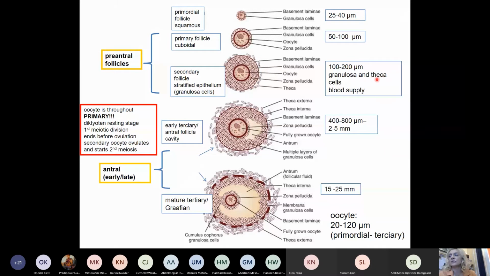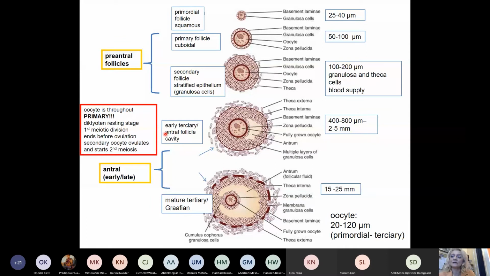So Theca cells also appear around the granulosa cells, the Theca interna and Theca externa. And then when this further grows and many layers develop, then we have a cavity filled with fluid. First, a small one appears, then several, and then they fuse to give a huge antrum.